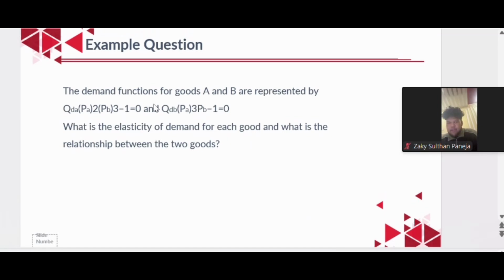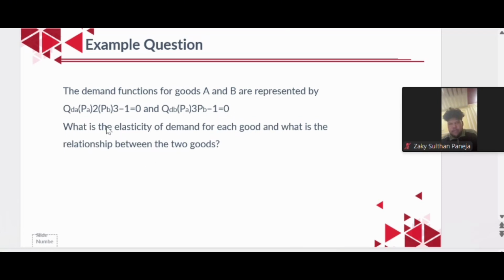We have the demand functions for goods A and B, represented by quantity demanded of A equals price A to the 2, price B to the 3, minus 1 equals 0, and the quantity demanded of B is price A to the 3, price B minus 1 equals 0.